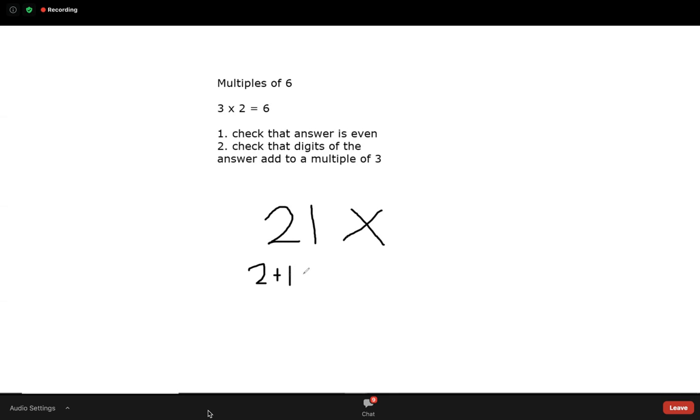Not that it'll change anything, but just to see. 21 will add up 2 plus 1, which will be 3. So it will pass the second check, but not the first check. And it needs to pass both checks to be a multiple of 6. So 21 is not a multiple of 6, and the answer for this one is no. So this is the way I'm going to want you guys to check your answer after we do a multiple of 6.